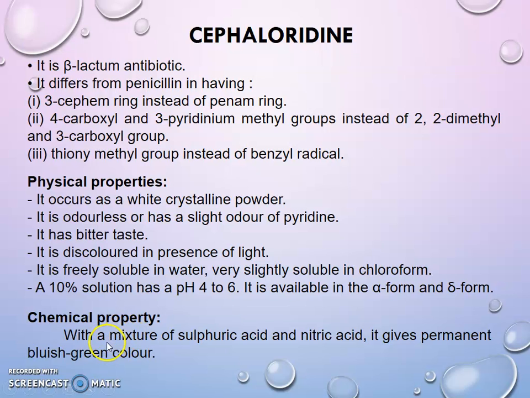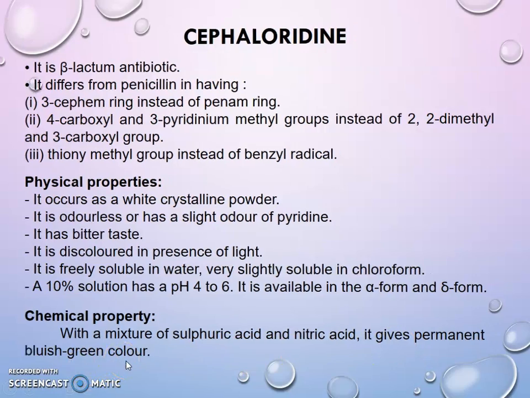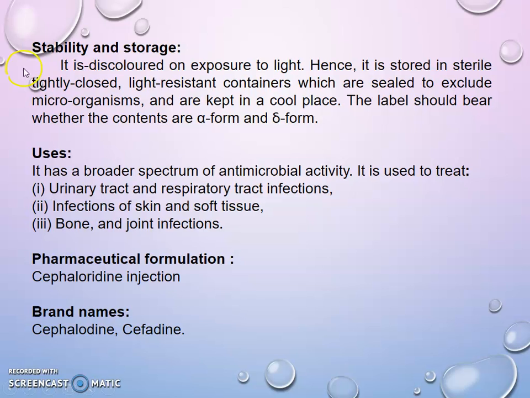Chemical property. With a mixture of sulfuric acid and nitric acid, it gives a permanent bluish green color. Stability and storage. It is discolored when exposed to light. Hence it is stored in a sterile, tightly closed, light-resistant container which is sealed to exclude microorganisms and kept in a cool place. The label should bear whether the content is alpha form or delta form.